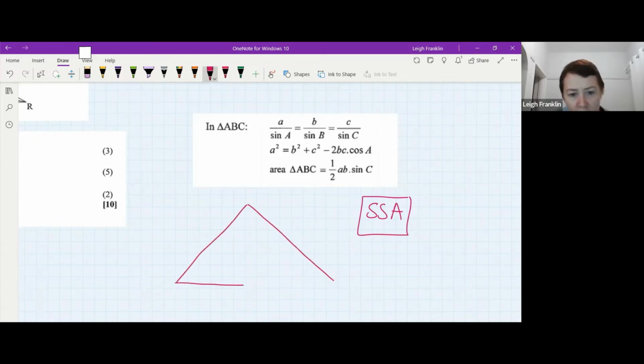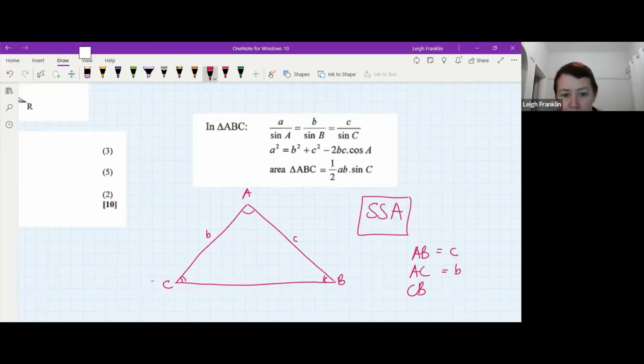For any triangle ABC, up top is angle A, here's angle B, here's angle C. Side C is opposite angle C. So side AB is also called C. In other words, AB is C, and AC is B. This is side B. And side CB is actually also little side A.